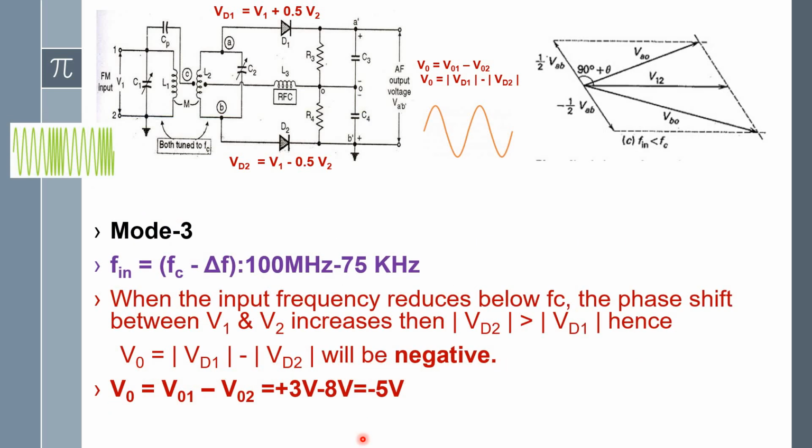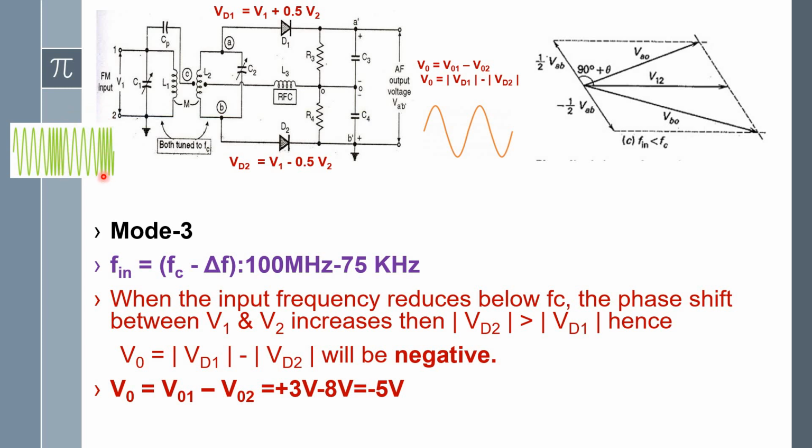In a similar manner, the third mode of operation: here I am applying an input frequency less than the carrier frequency, Fc minus del F. Obviously this will appear due to the negative cycle of the message signal at the transmitter side.